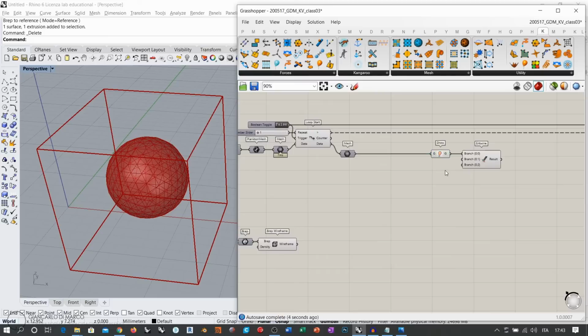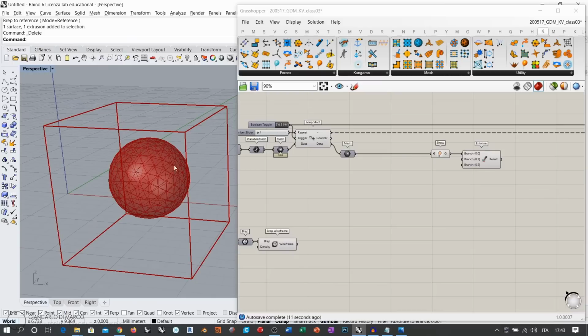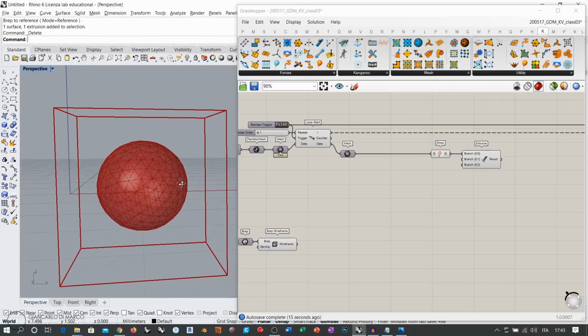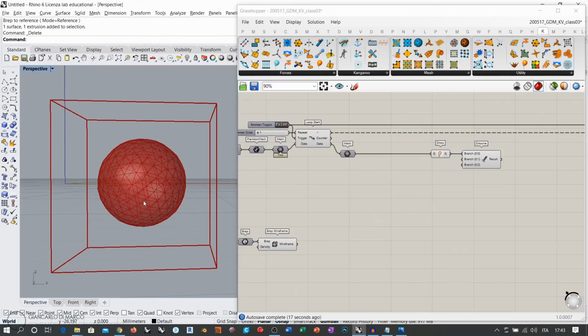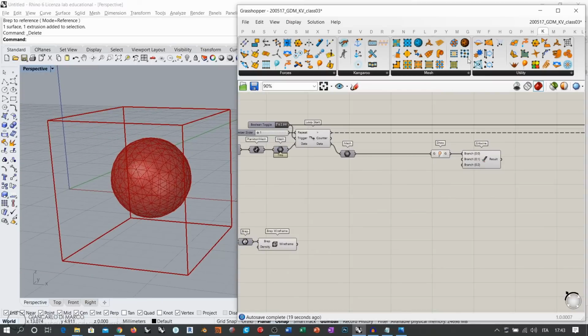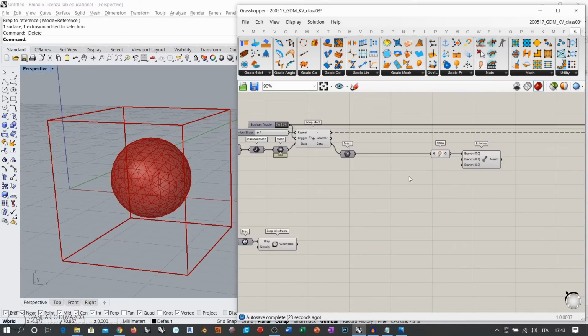And what else do I want to happen? I want this mesh to become elastic, of course, because I need to have some elastic resistance to keep this object connected. In this case we can use Kangaroo 2, there is no need to stick with the old version.